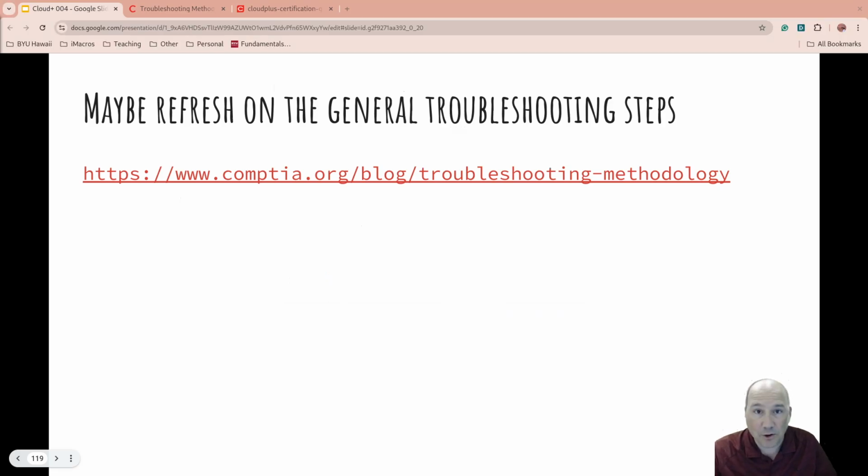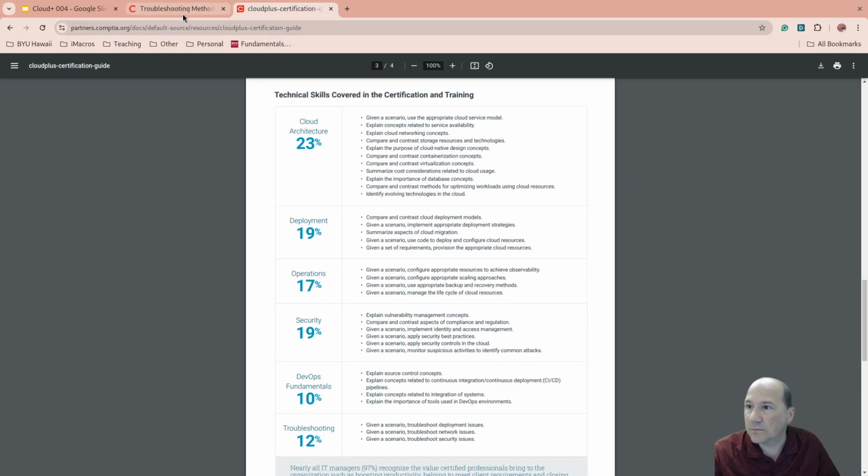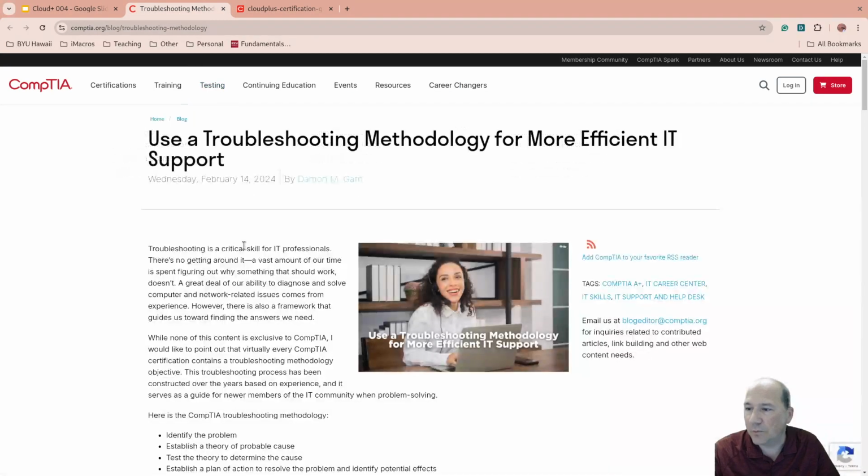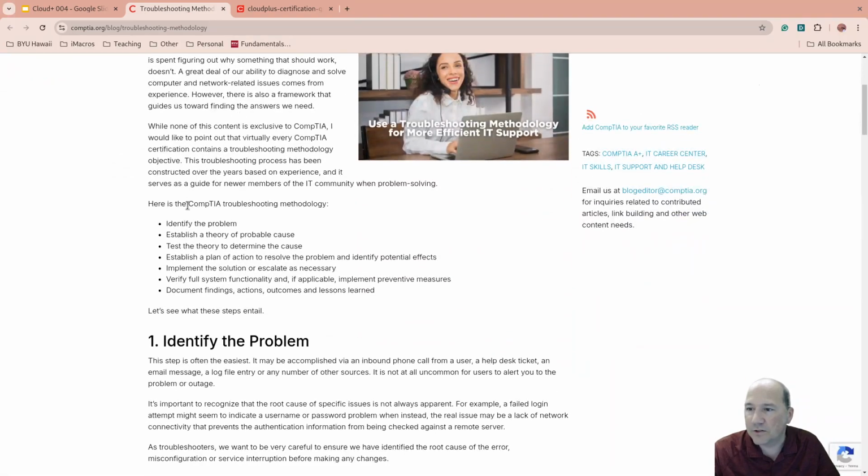So according to CompTIA, right here. Sorry, the link opened in a new one. So the CompTIA troubleshooting methodology: we identify the problem, we establish a theory, we test the theory, we establish a plan of action to resolve it and identify potential effects.